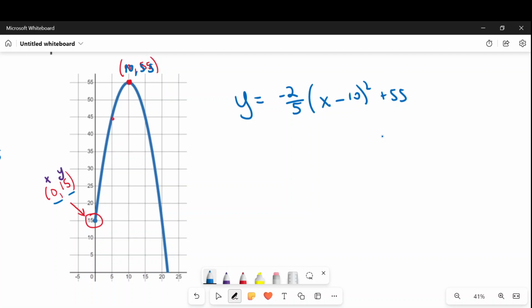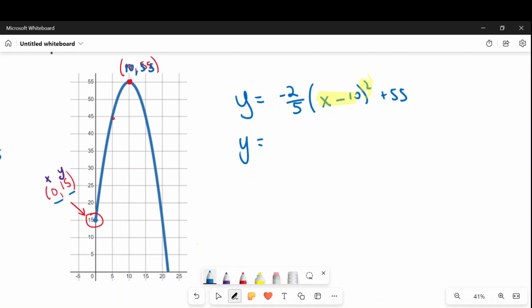And now I want to turn this into standard form. So this is where we just do our BEDMAS algebra. Inside the bracket, there's nothing I can do. So then I find this exponent of 2. If I apply that squared exponent to the bracket, I'm going to be squaring that binomial.